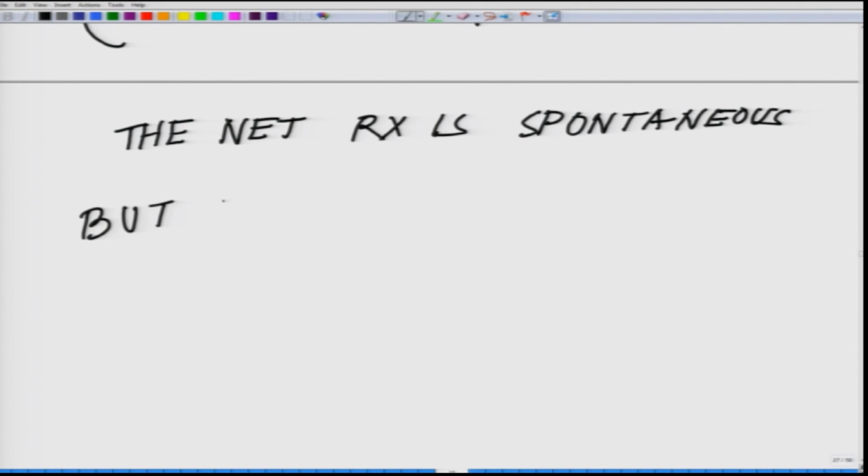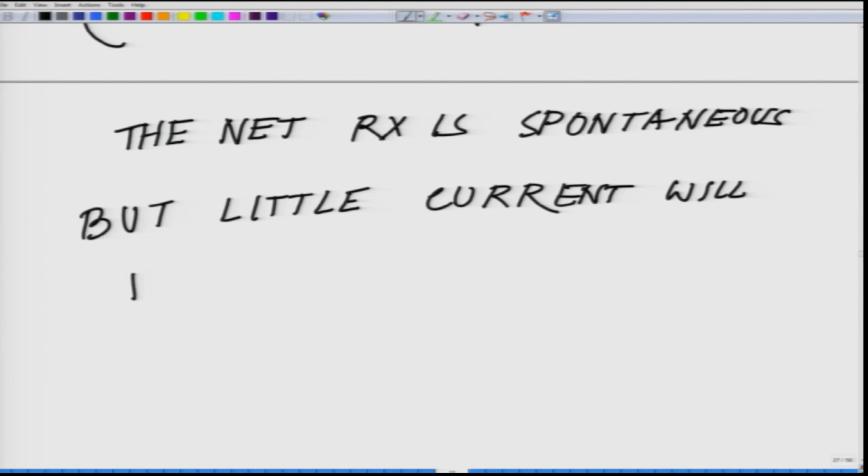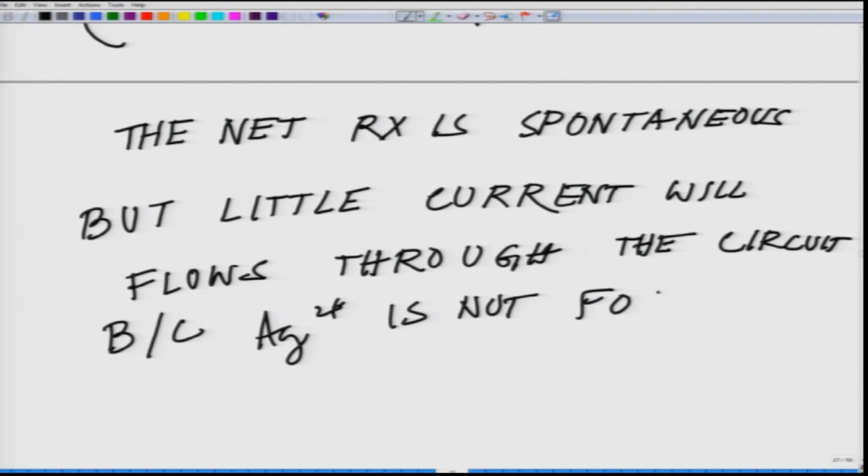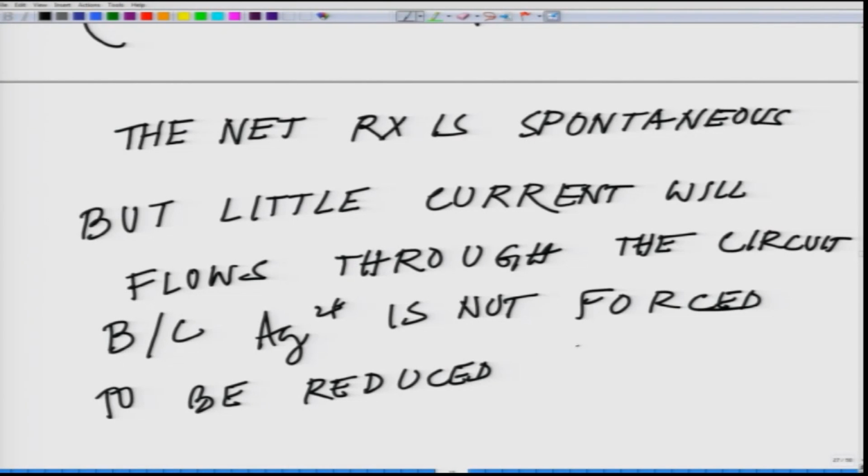but little current will flow through the circuit, because Ag plus is not forced to be reduced at the silver electrode.